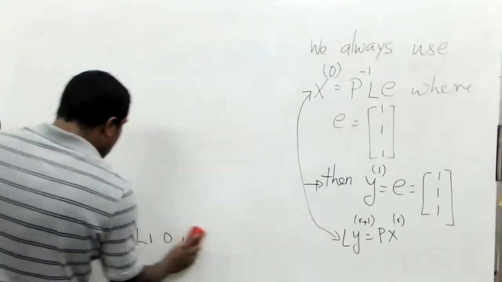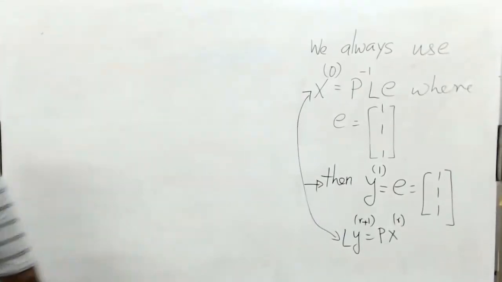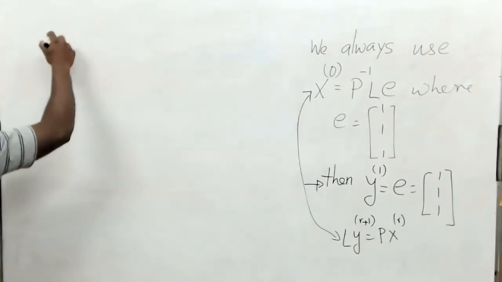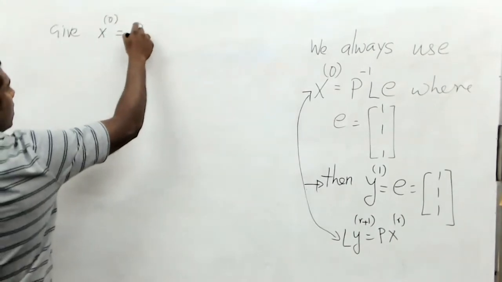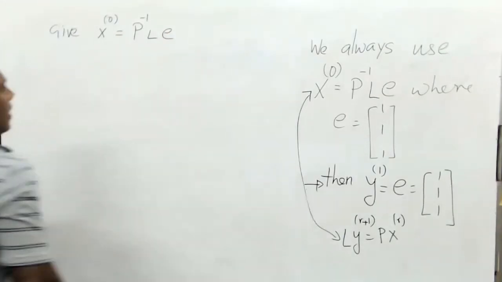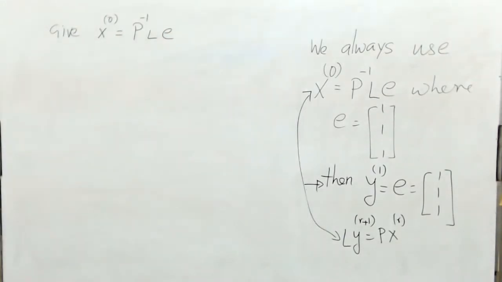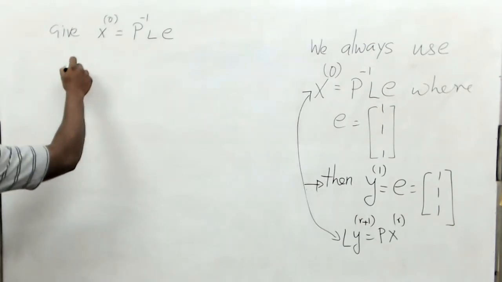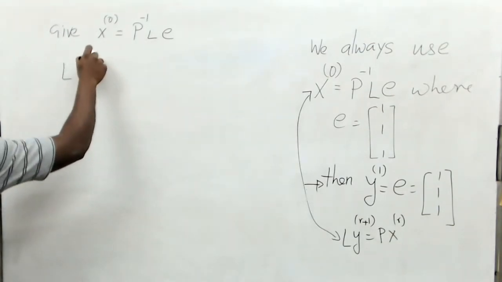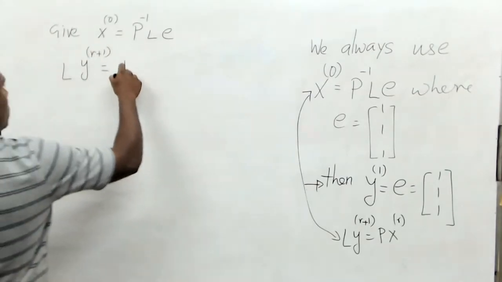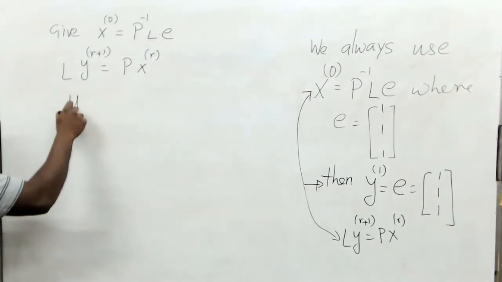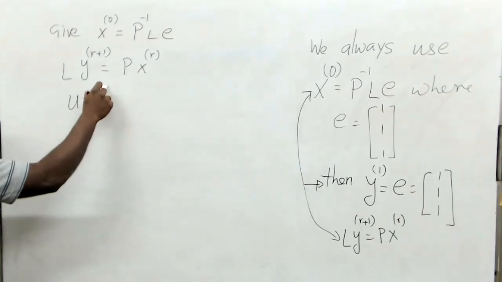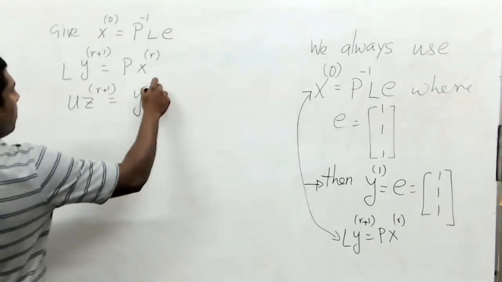The only thing is you can use this. And so you know this is what we have to solve. So given x naught, which is P inverse L E, then what you do is you solve these two: L y r plus 1 is equal to P x r, and then U z r plus 1 is equal to y r plus 1.